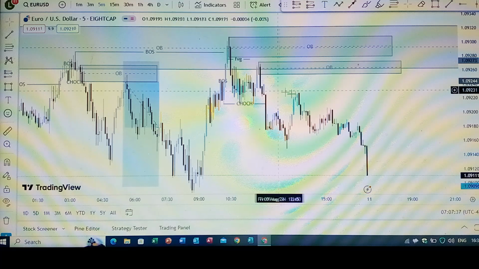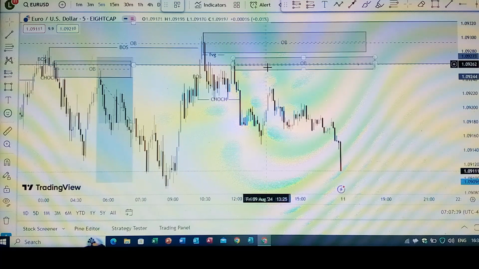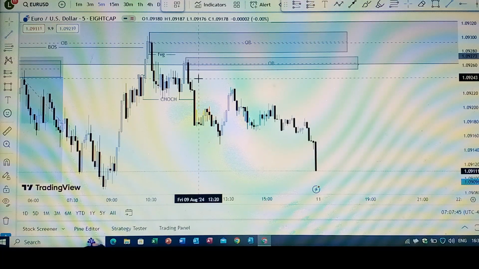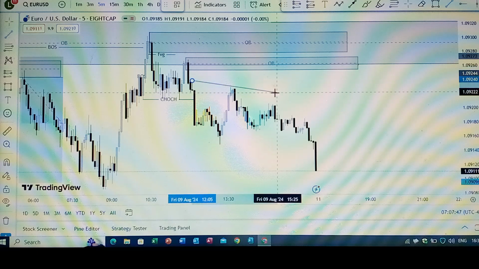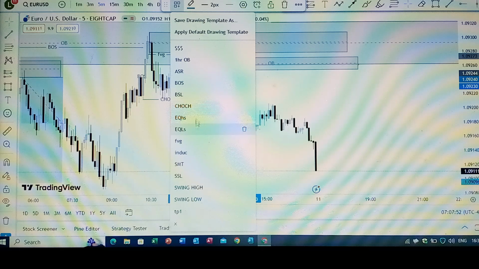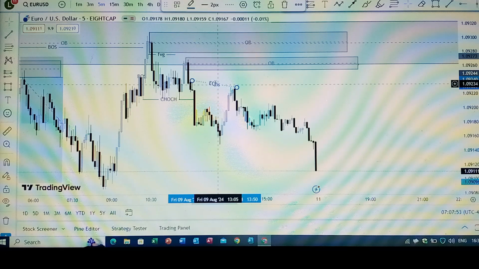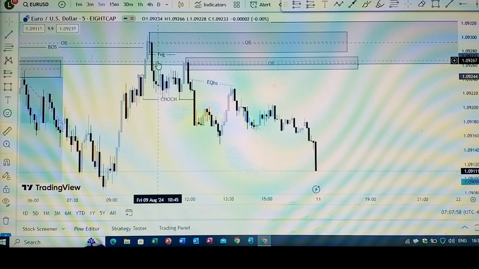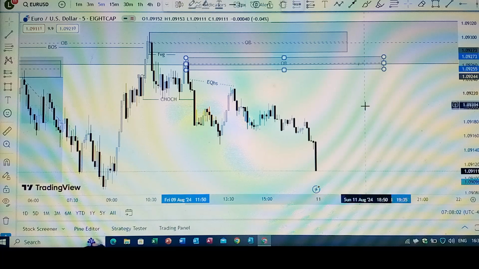Either way, our deciding order block could be inducement, and it could be a great place to take your entries from, because we have relatively equal highs up here. So we have relatively equal highs, imbalance, and we took this resting liquidity here, so it makes it a great order block too.